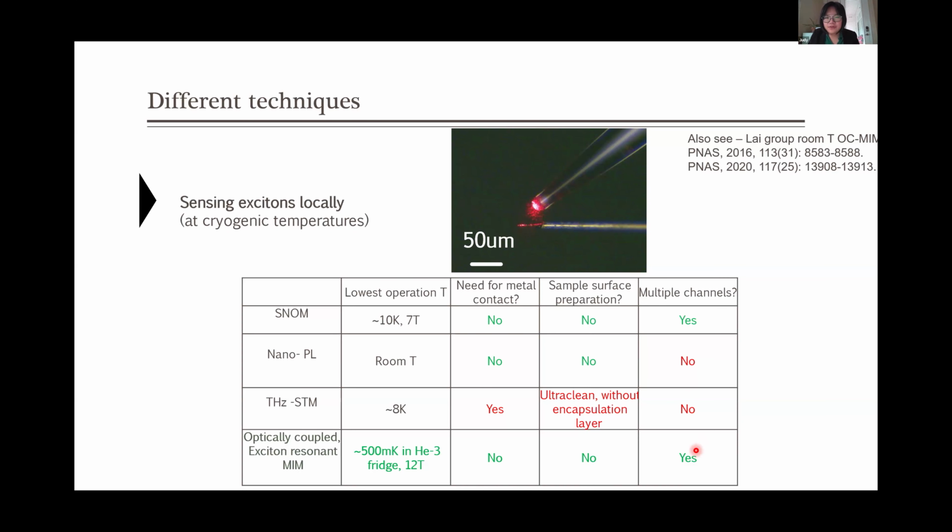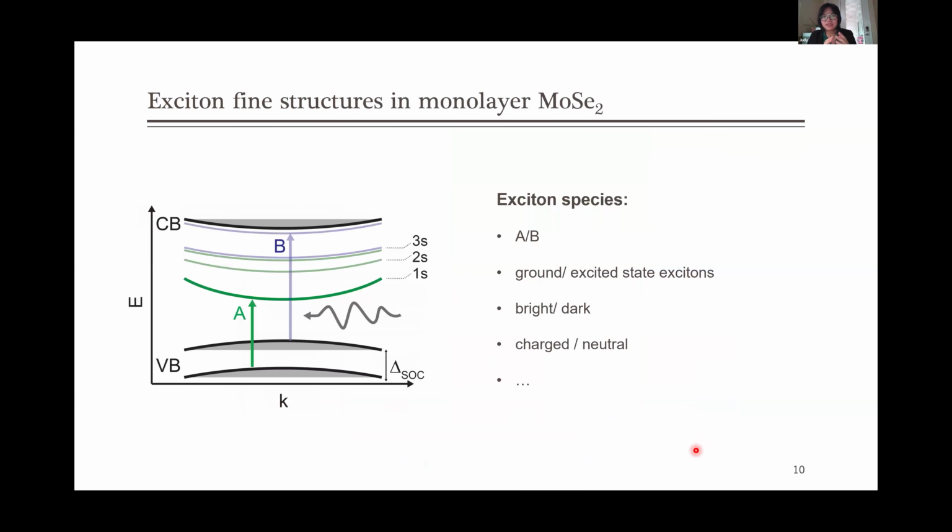So after we developed and tested this optical coupling, we started looking at a monolayer molybdenum structure. We know that the exciton fine structure in a monolayer TMD has different species. For example, you have A exciton and B exciton coming from the spin orbit splittings.